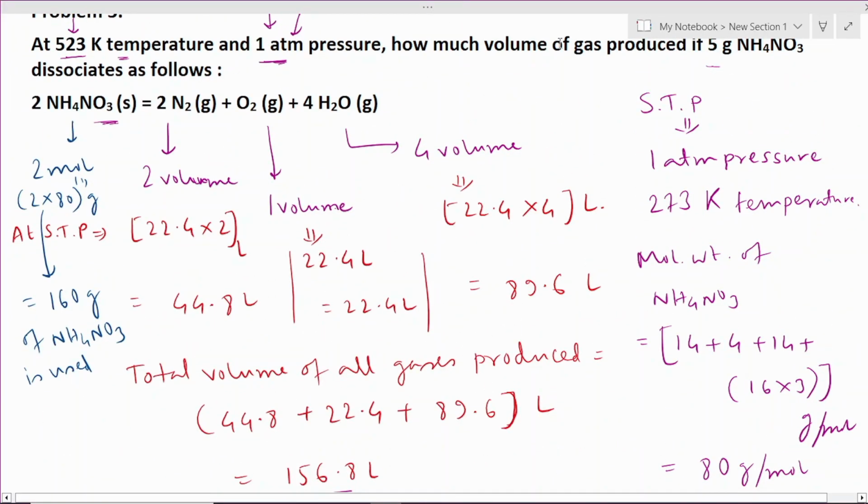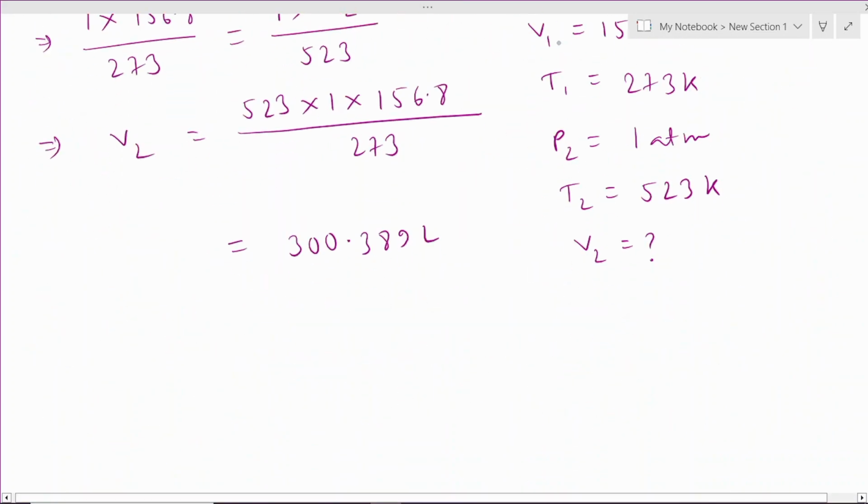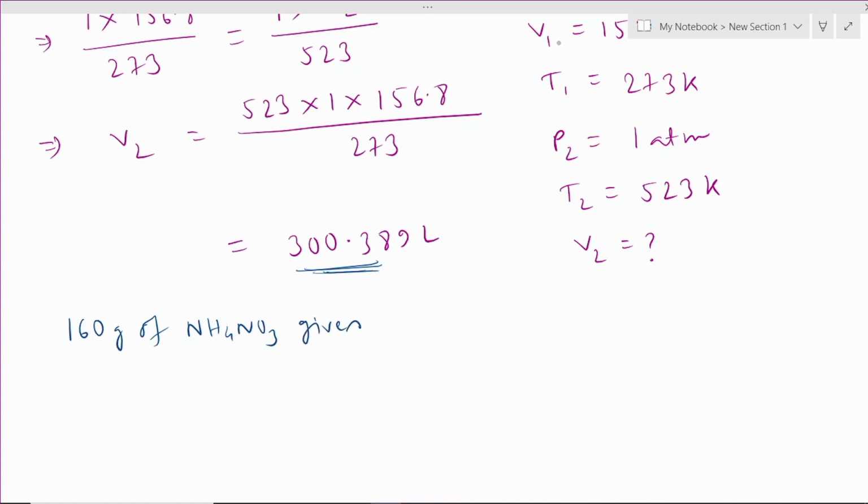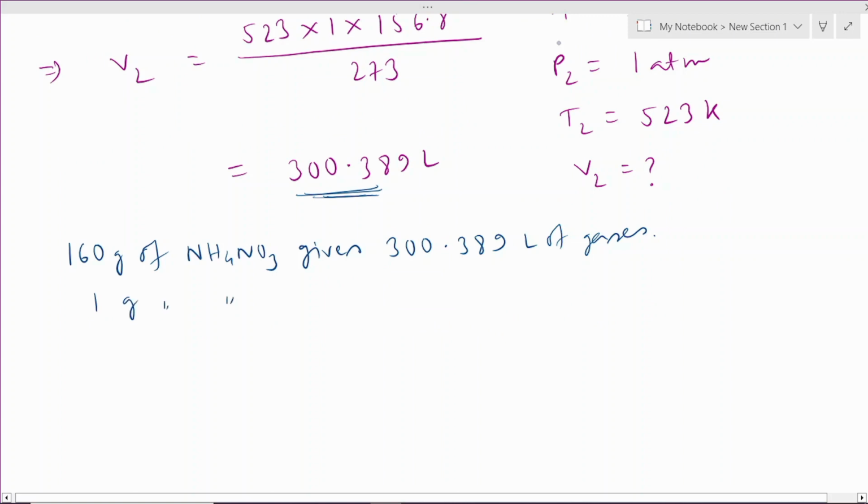Hence this 160 gram of ammonium nitrate gives this volume of total gases. So 160 gram of ammonium nitrate gives 300.389 liter of gases. So 1 gram of ammonium nitrate gives 300.389 upon 160 liter of gases.